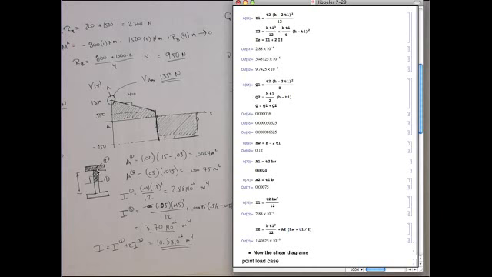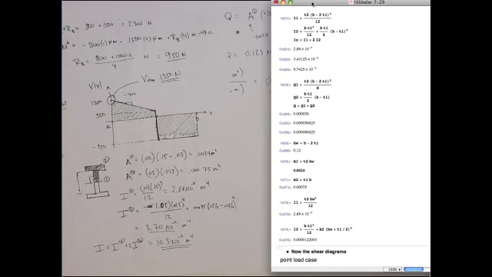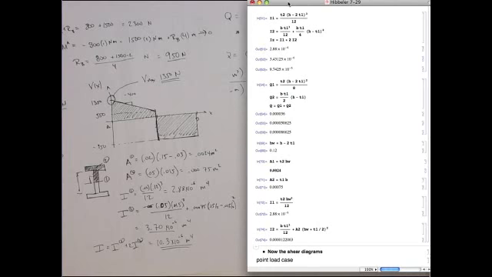Whoops. All right, so let's see what I get here. I think I did something wrong here. You see, I got a different number for I2 than what I got here. All right, but I'm pretty sure this is right.